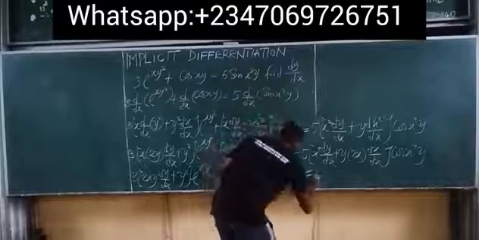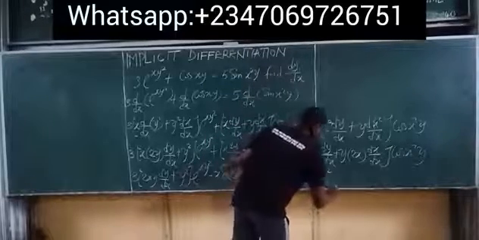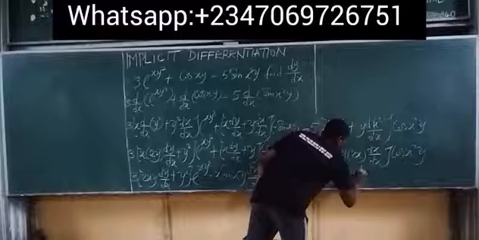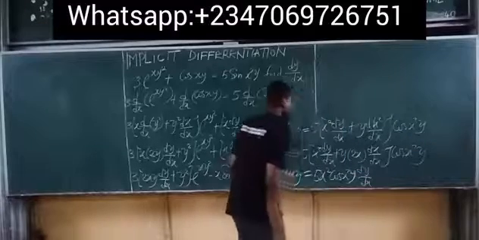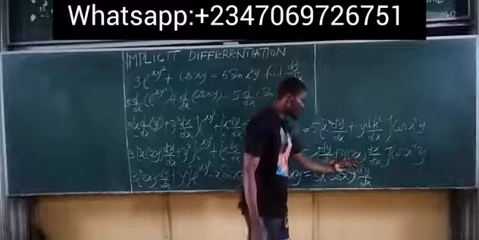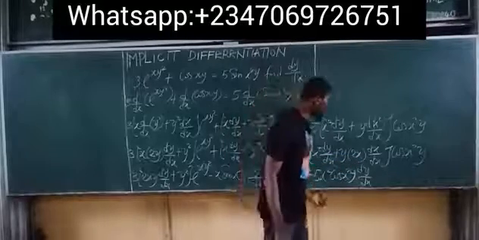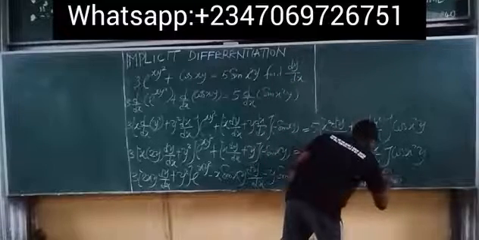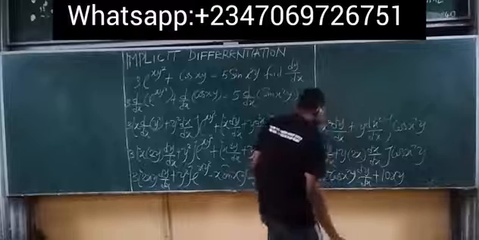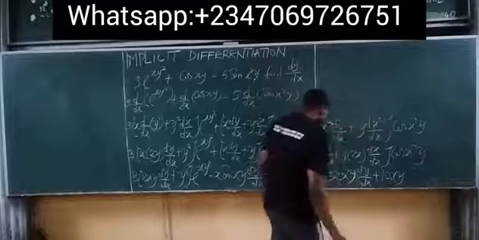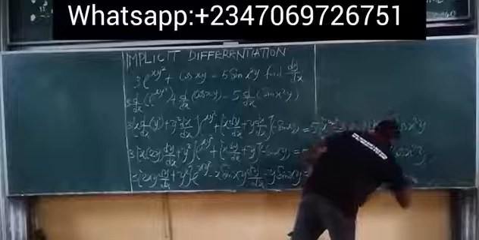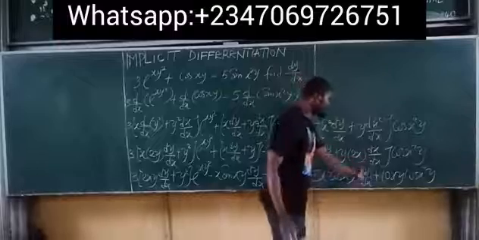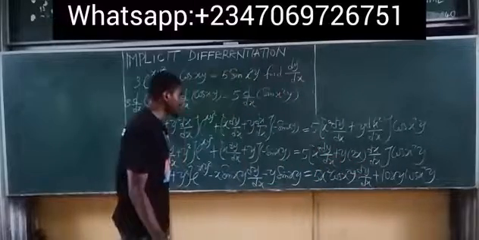That gives me 5x squared cos x squared y multiplies dy all over dx. Of course, if I evaluate this, I'll have 2xy multiplied by 5, that's 10, multiplied by cos x squared y. I will simply have plus 10xy multiplied by cos x squared y, and over here, of course, the x over the x is 1, so we simply have this whole thing to evaluate.